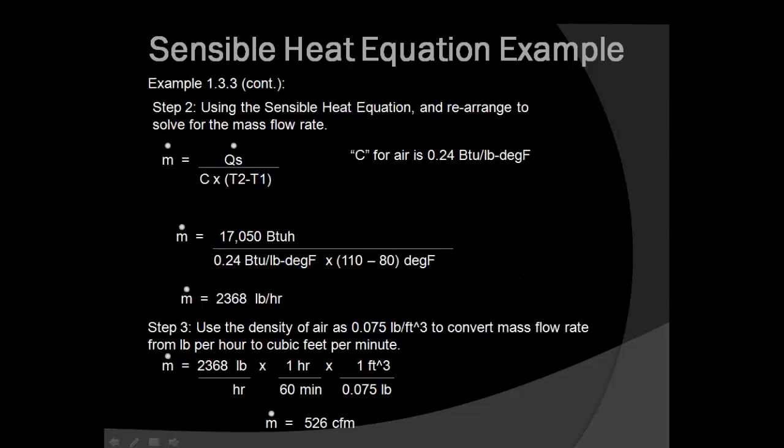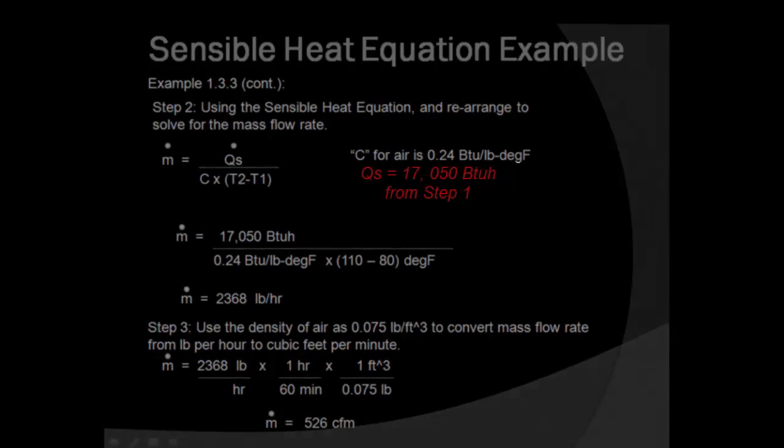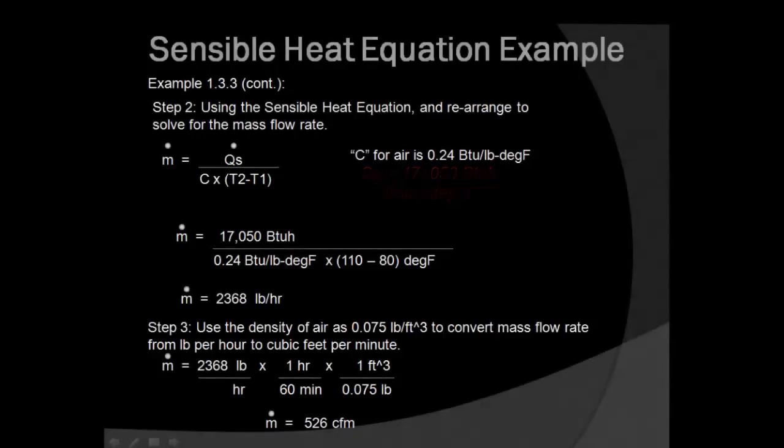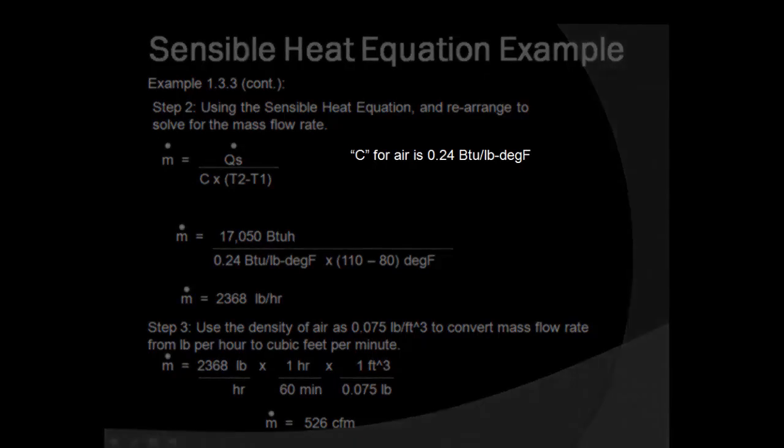The next step is to apply the sensible heat equation. In step 1, the heat transfer from the heater to the air was found to be 17,050 BTU per hour. This is Q dot in the equation. Since the fluid is air, the specific heat shown here as C is the specific heat of air.